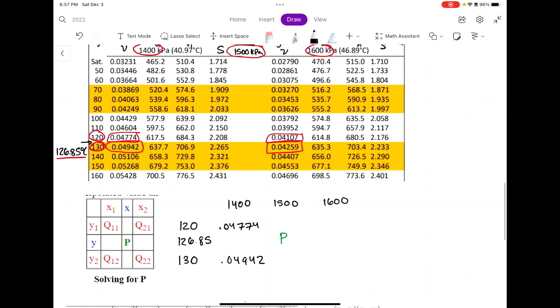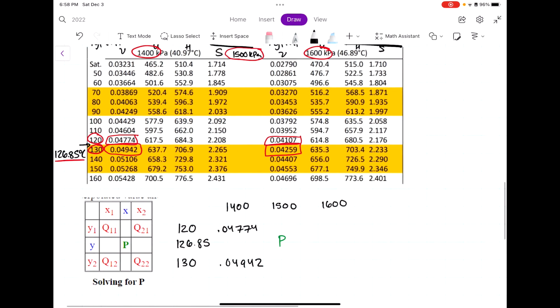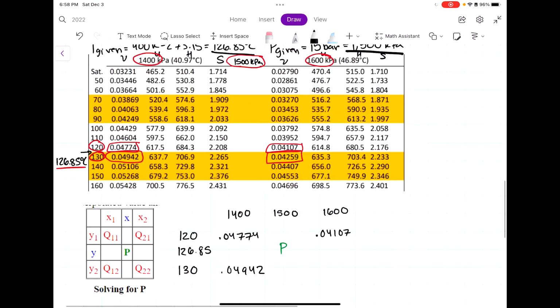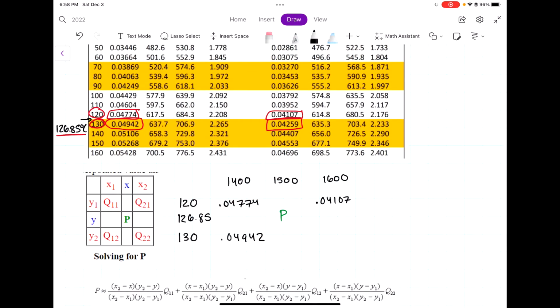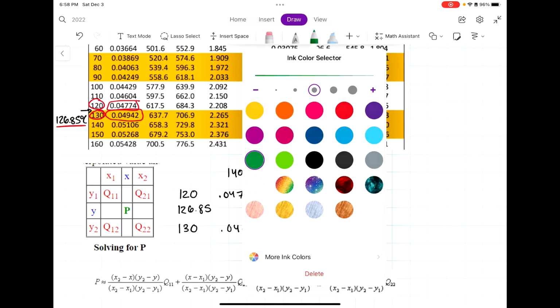And then the same thing on this other side: at 1600 kilopascals and 120 degrees Celsius, the specific volume is 0.04107, and at 1600 kilopascals and 130 degrees Celsius, the specific volume is 0.04259. And now we double interpolate to find our P value.